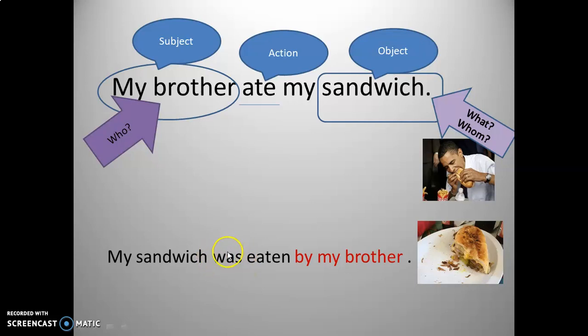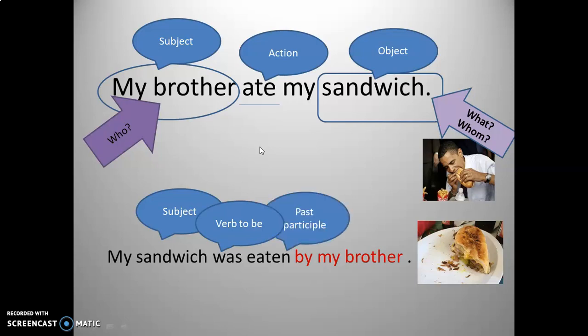I used was in simple past tense because ate is in simple past tense. Then, I added past participle for the verb eat. So, my sandwich is the subject, was is the verb, and eaten is past participle. We should add by and the agent if necessary.